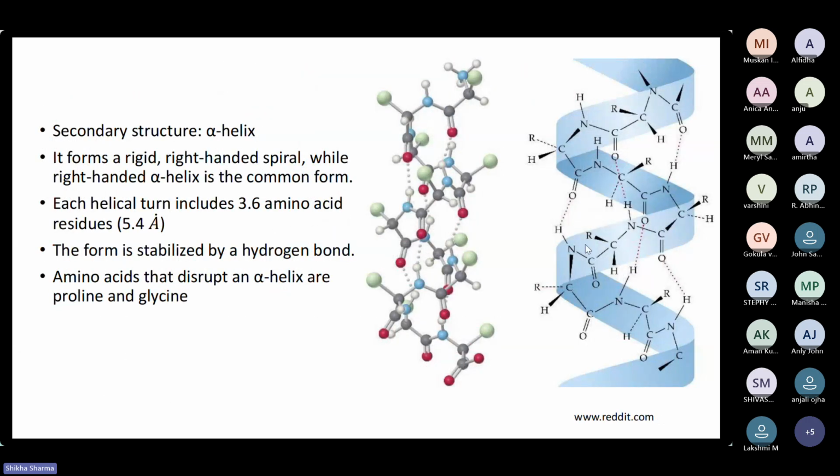Like this is a helical structure, the alpha helix, a secondary structure of the protein. It forms a rigid right-handed spiral, like this, a right-handed spiral will be there.